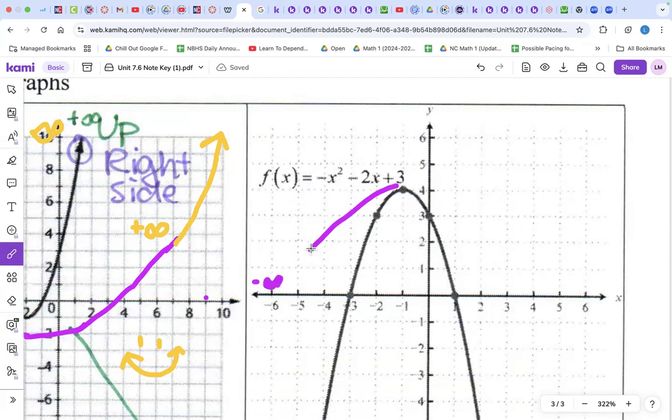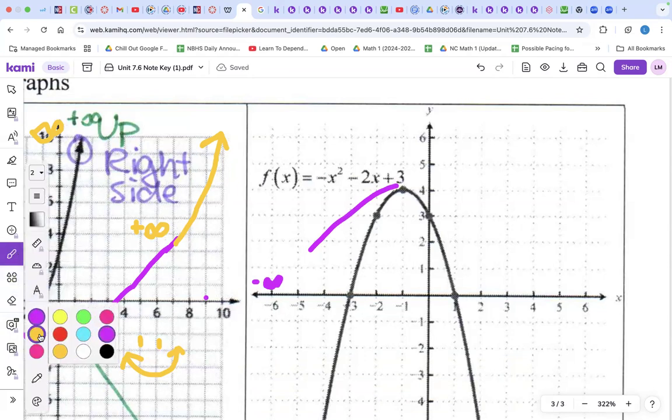And what's your y doing? Y is going down. So since y is going down, that means y is going to negative infinity.